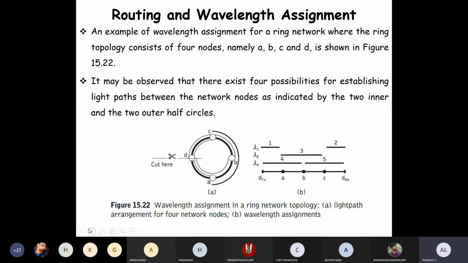That is explained here. You can see the wavelength assignment in a ring network, the light path arrangement in the 4 network nodes, and how it happens in the ring network.